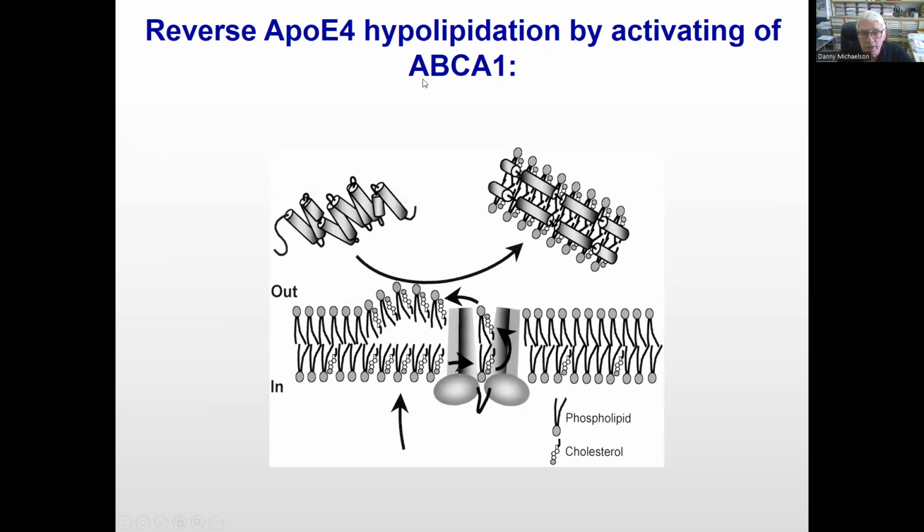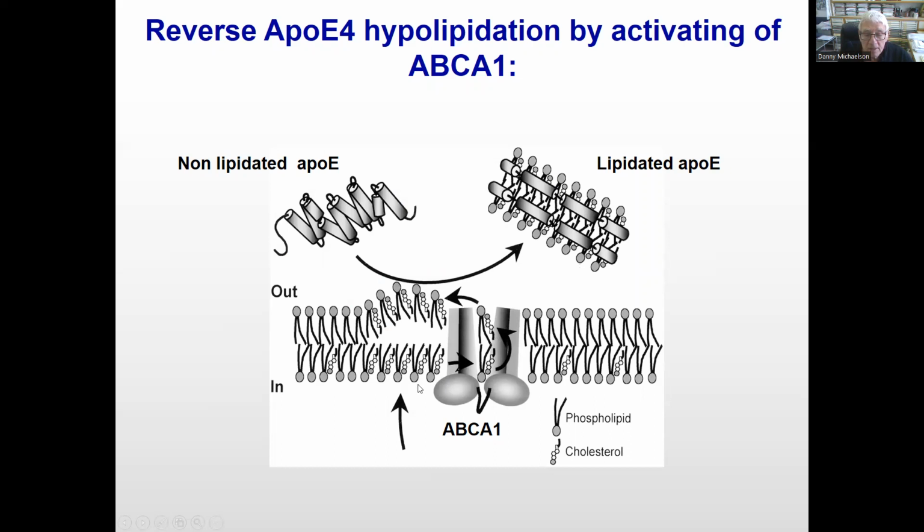So since we're talking about lipidation, we looked at the molecules which are involved in lipidation, and this is a new player in the game for us, ABCA1. ABCA1 is a molecule that sits mainly in the plasma membrane, but also intracellularly. What it does is take lipids from the outer leaflet of the membrane and transfer them to non-lipidated ApoE to make lipidated ApoE, which, as you see, are those which have the opaque circles in them.